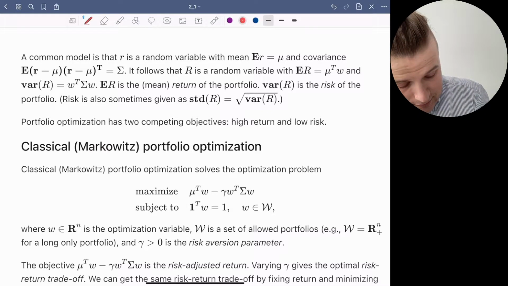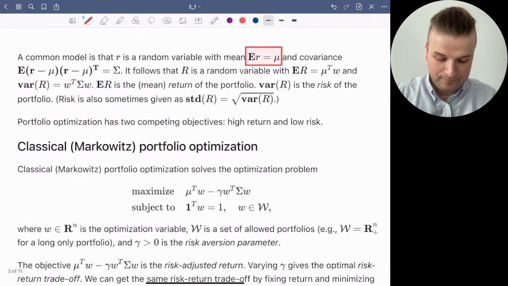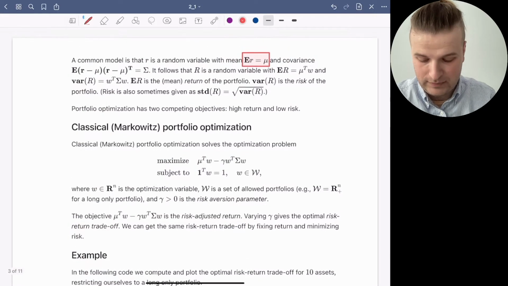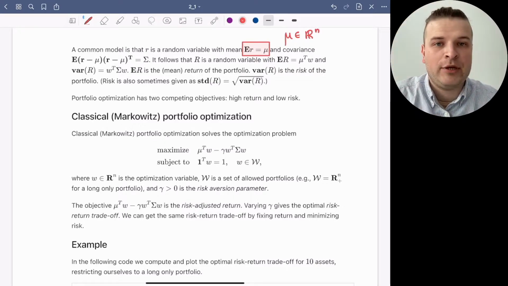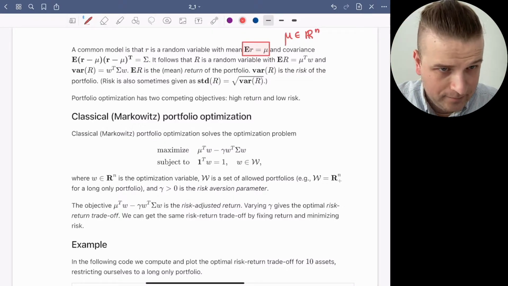And here you can have this vector mu, and let's say we have say n assets, which means that mu is n-dimensional Euclidean space.